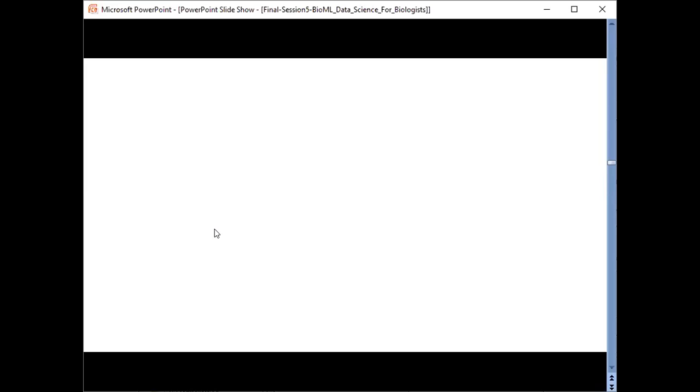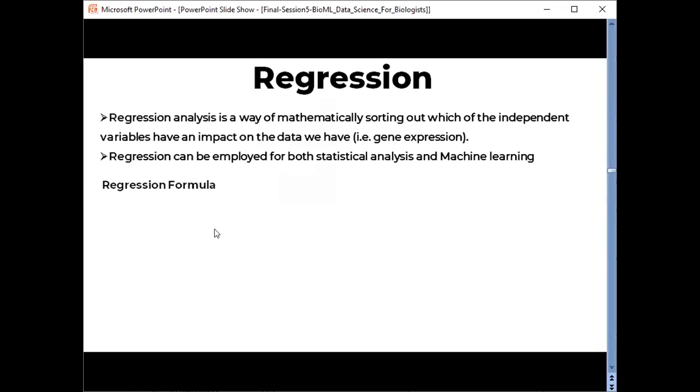So what will we do if we have multiple conditions? To address such a scenario, we have regression. Regression analysis is a way of mathematically sorting out which independent variables have an impact on the data that we have, that is gene expression.